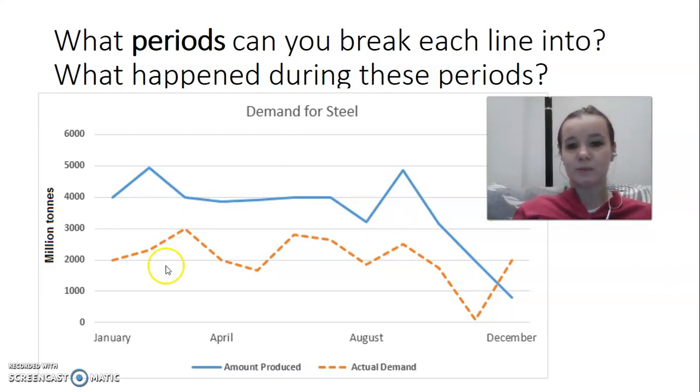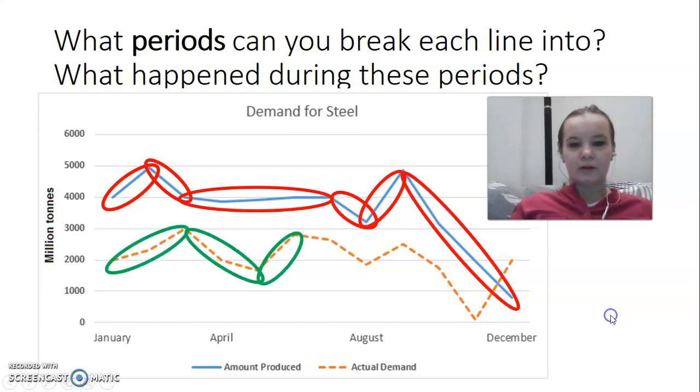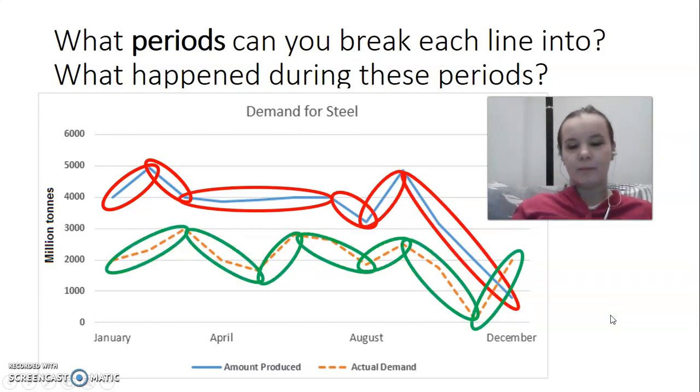Otherwise we'll spend a lot of hours describing all that. We can break it down into these little ones, but it's going to be difficult to describe.